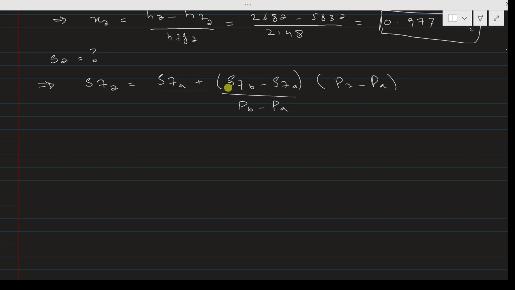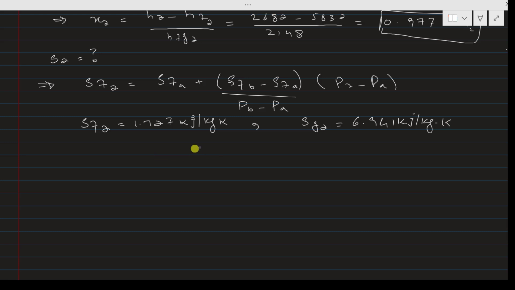This SfA and SfB value you can get from the steam tables and then put in this interpolation formula, and you will get the final answer for the Sg2 value, that is equal to 6.9141 kilojoule per kg Kelvin.